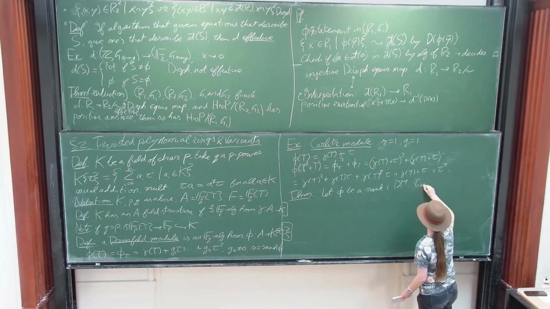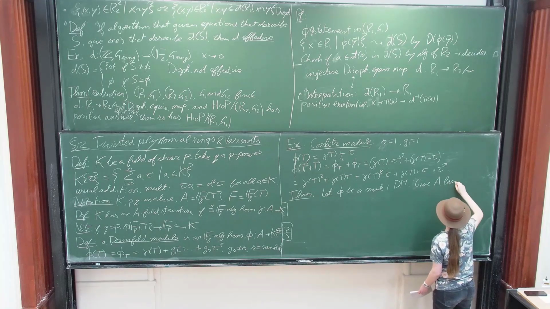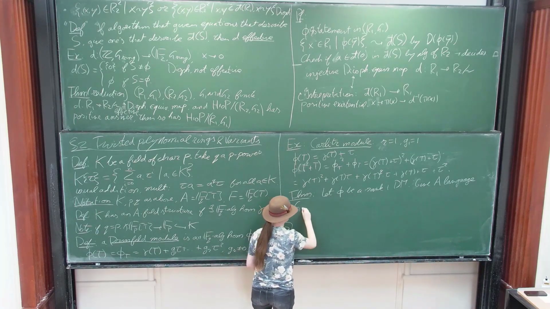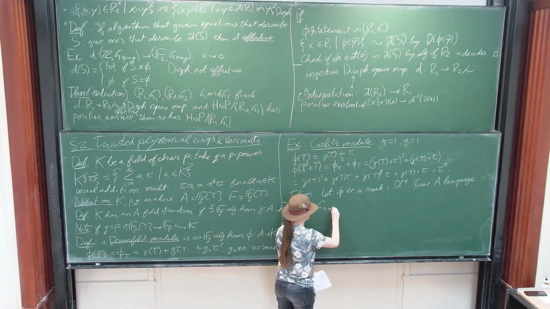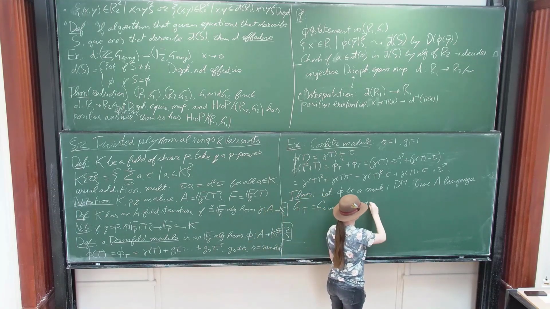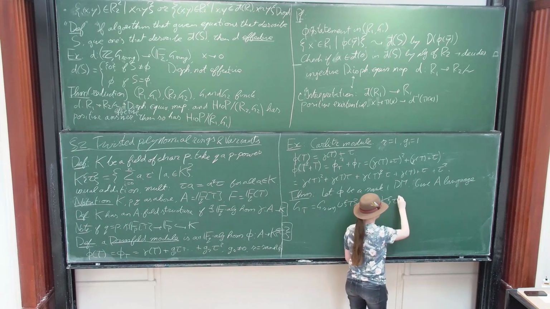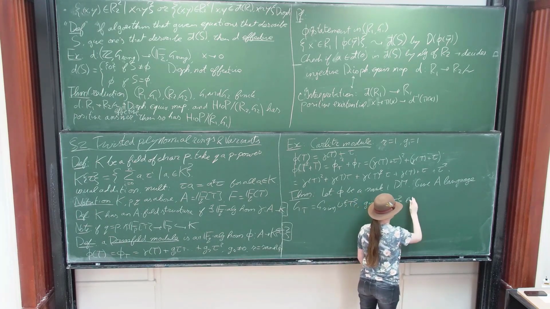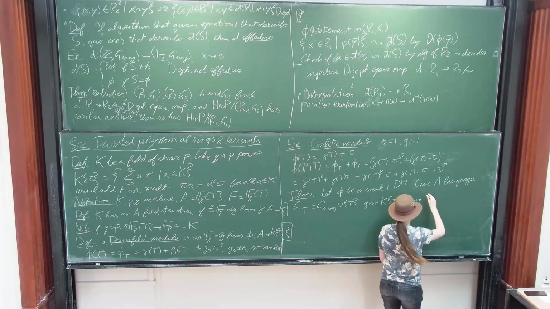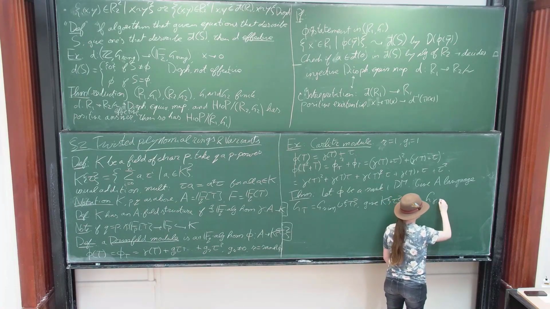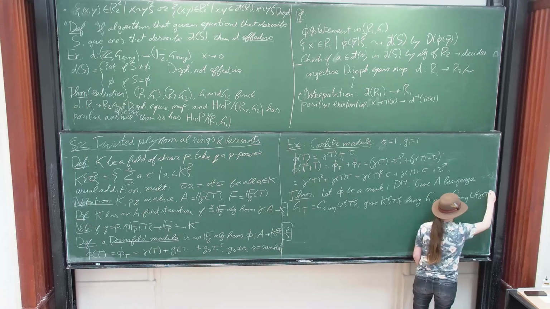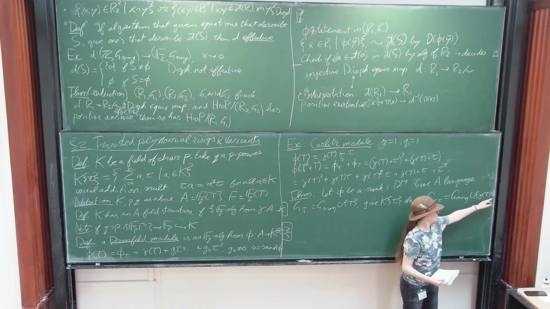So we give A the language L_T, which is just the language of rings with the extra constant T. And we give our twisted polynomial ring the language L_{gamma,tau}, which is again the language of rings with two extra constants, namely tau and gamma of t.